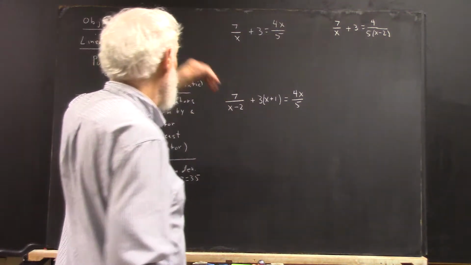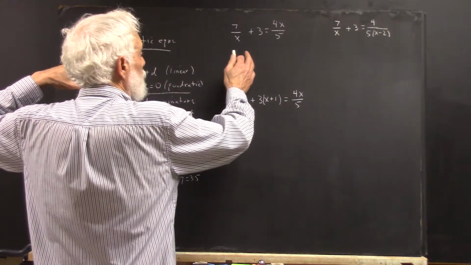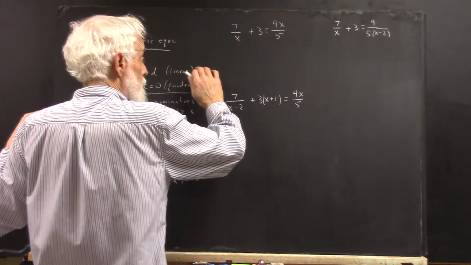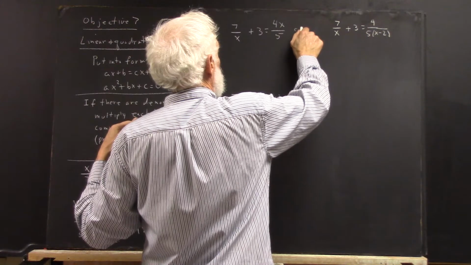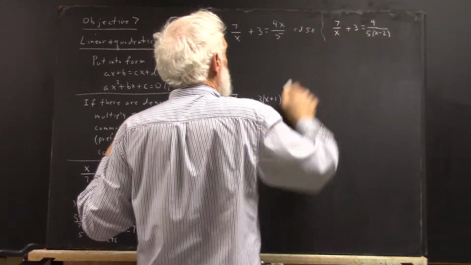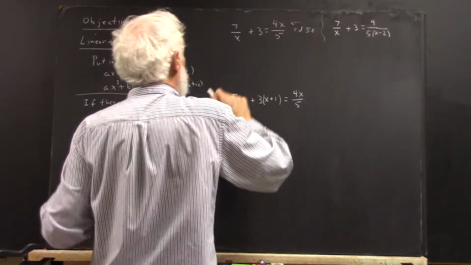Okay, so let's see what happens with this one. Okay, we've got a common denominator, now 5 times x. So common denominator 5x for this equation.